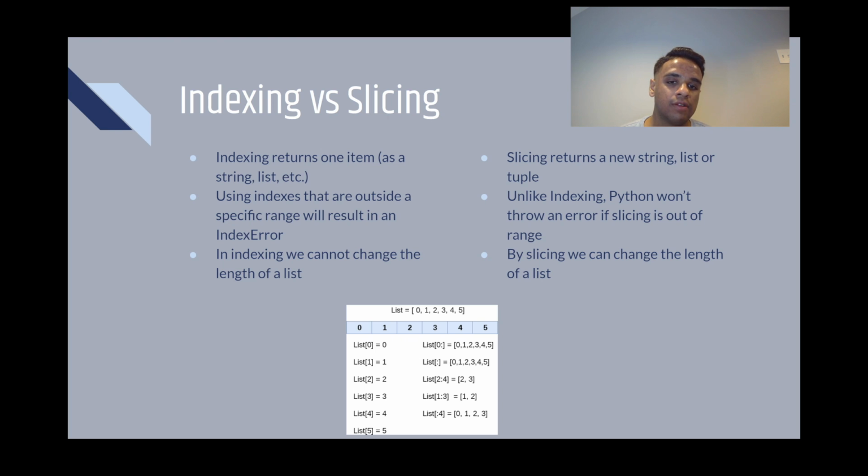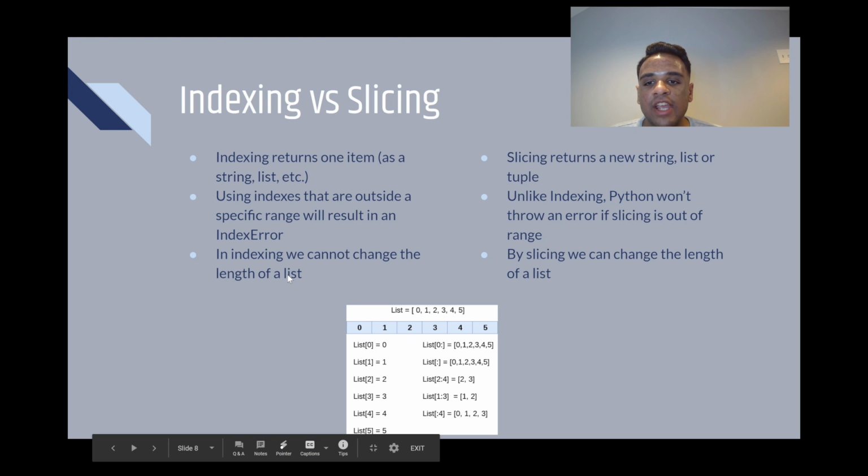So I'd get the 4th, 5th, and 6th index. But since there's no 6th index, you'd assume Python will throw back an error. But in this case, it will still give me back 4, 5 as the output, because with slicing, you will never get an error if it's out of range. It will just give you back the rest of the list, or whatever the data type is.